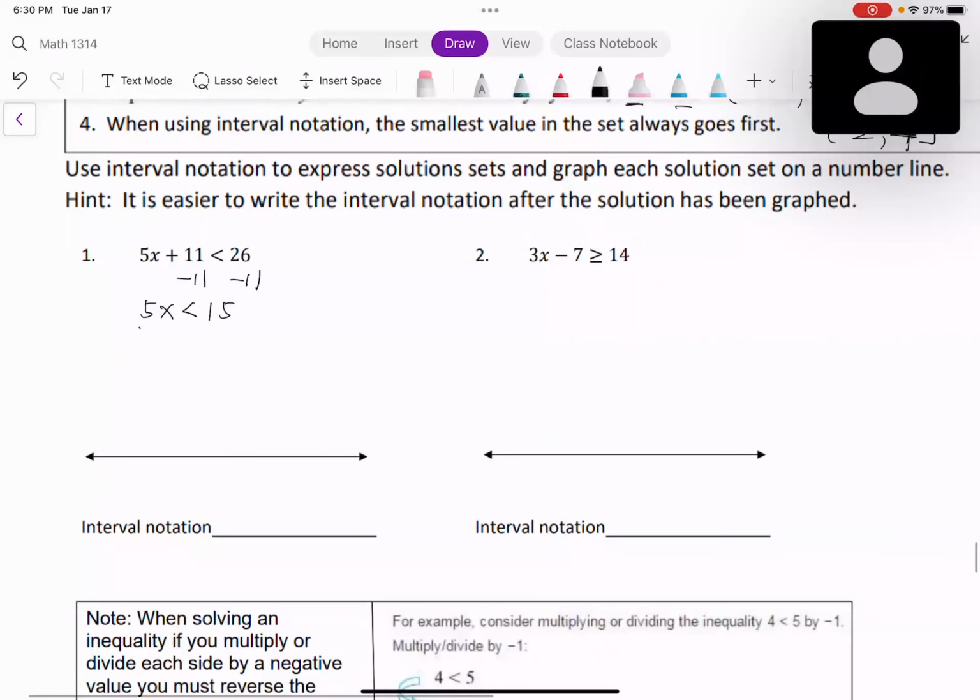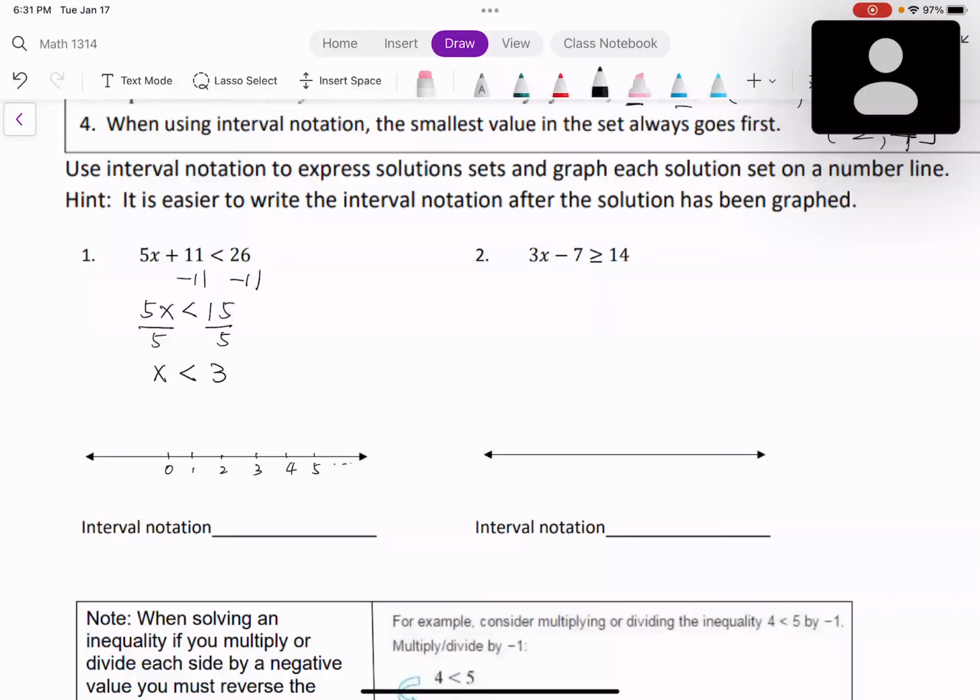Next, we divide by 5. We can isolate x. x is less than 3. So first we need to find the 3. For example, here is 0, 1, 2, 3, 4. You can continue to write some other numbers. So x is less than 3.